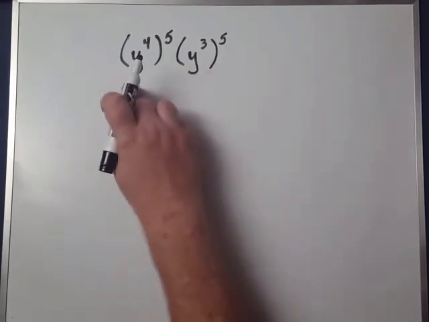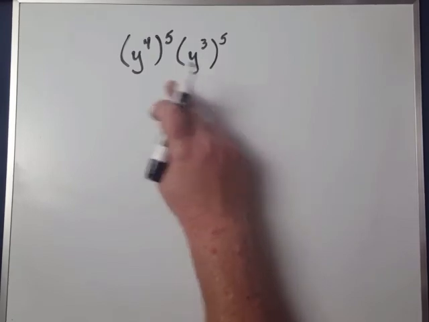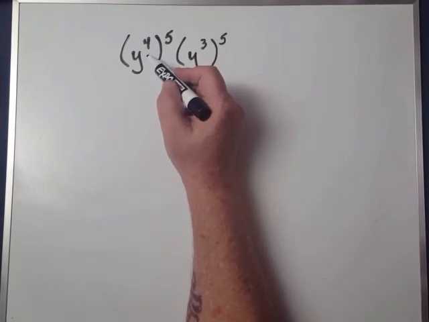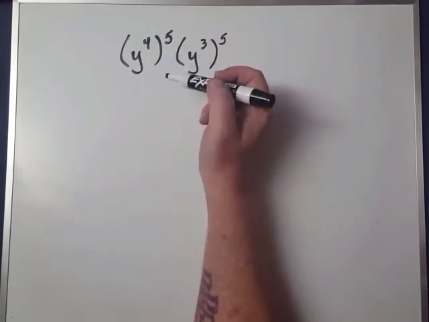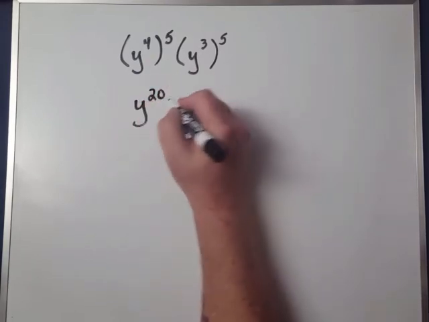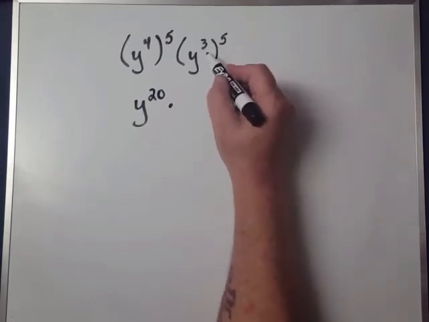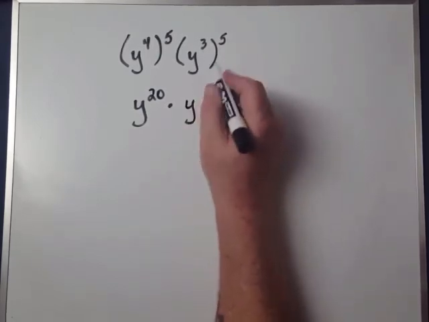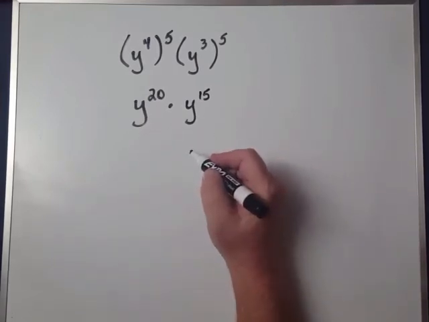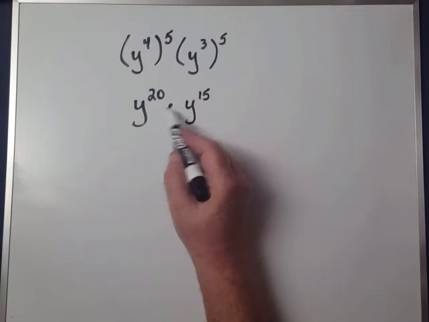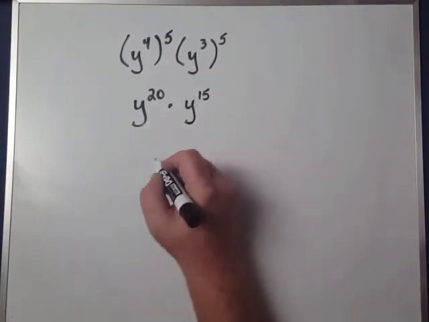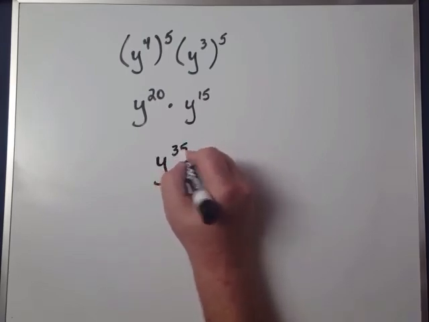Before we can get these bases together, we've got to get them out from under parentheses. To remove this first set of parentheses, this is a power to a power. When I have a power to a power, I multiply those exponents, y to the 20th, times, again, power to a power. Multiply the exponents. 3 times 5 is 15. And then the only thing left to do is multiply. This is a product of like bases. A product of like bases, you add the exponents. Y to the 35th power.